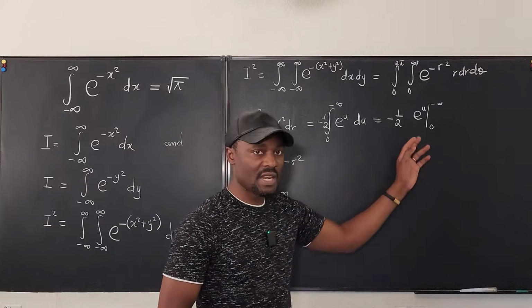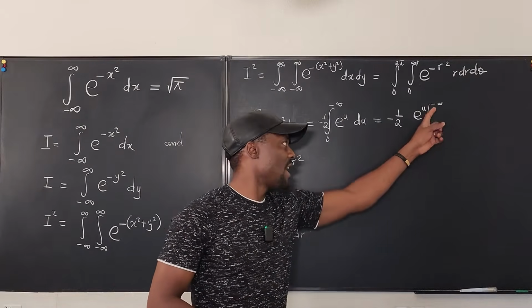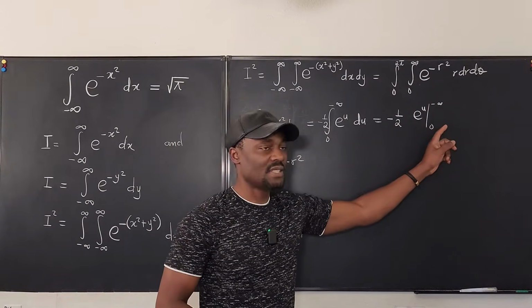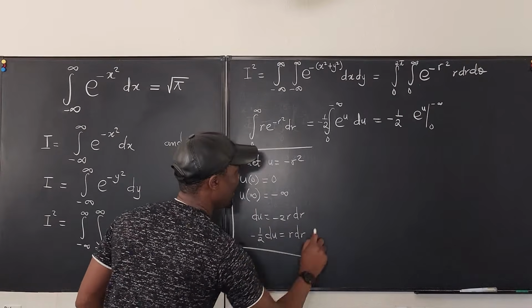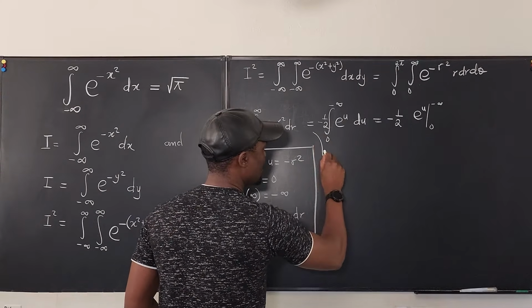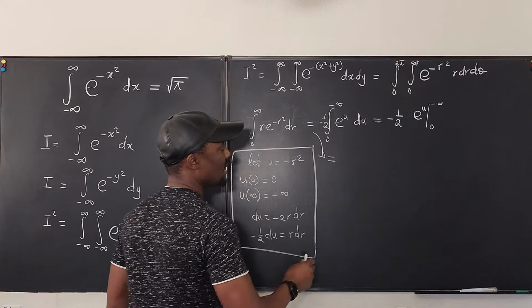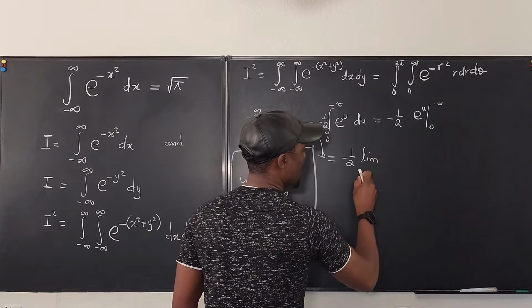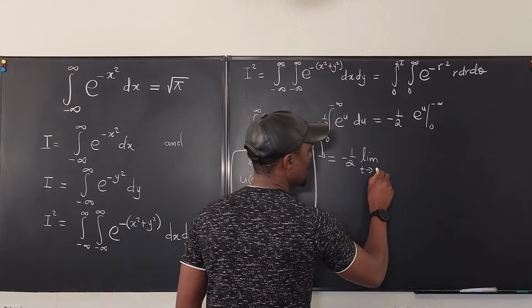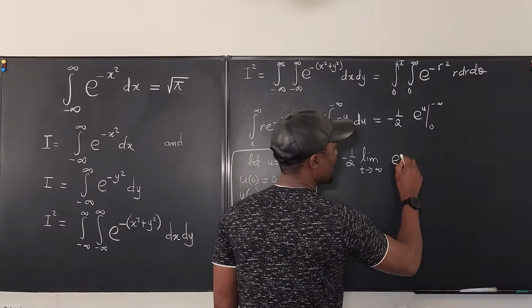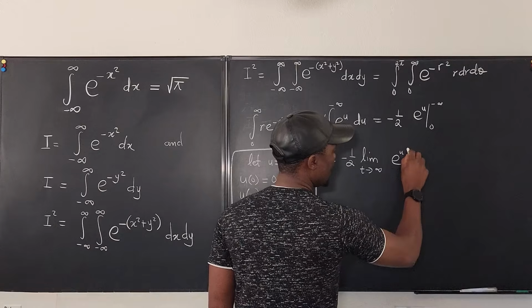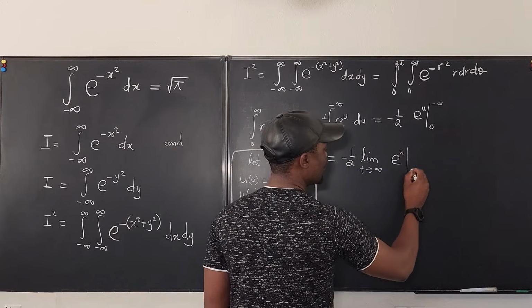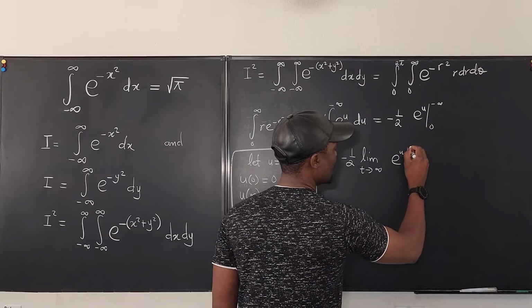I cannot plug in negative infinity, so I shouldn't actually put this here. I should have written this as a limit. Let's box this up. This is going to be equal to negative 1/2 times the limit as t goes to infinity of e to the u evaluated from 0 to negative t.